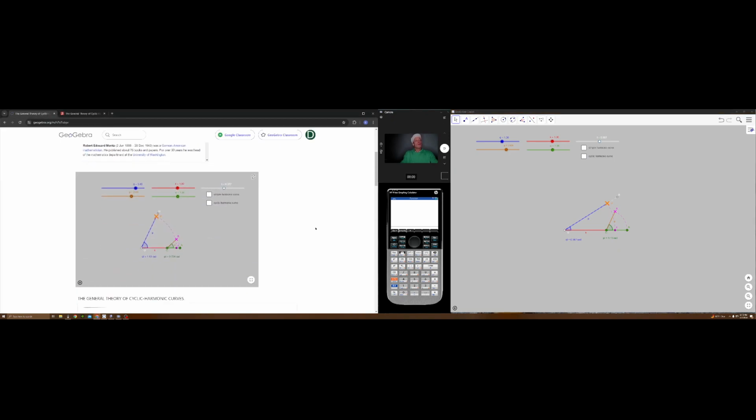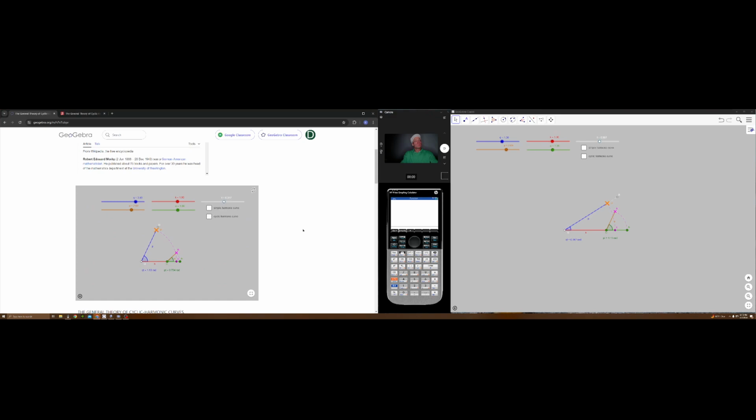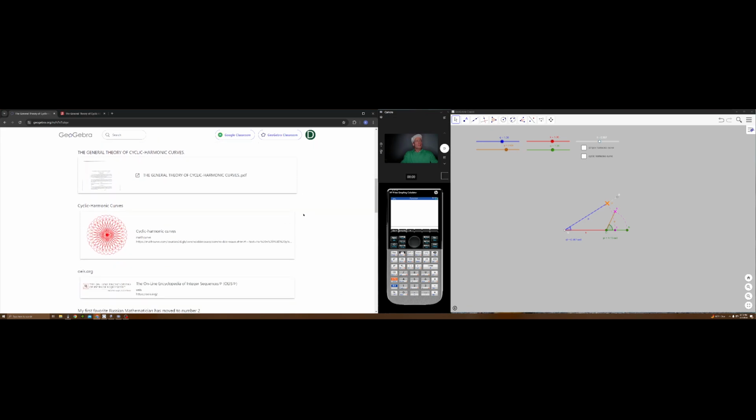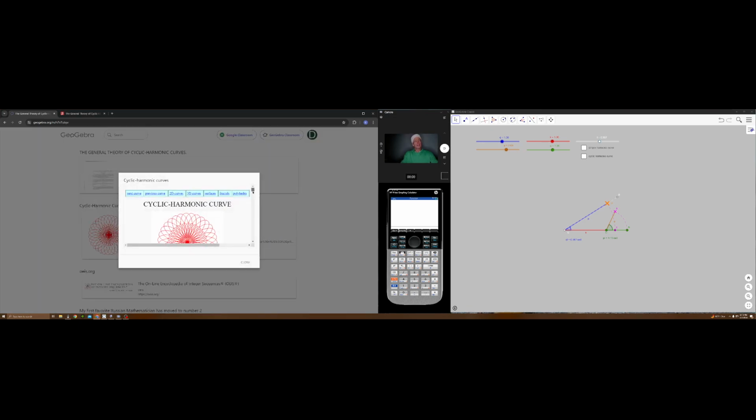There's also this applet here: T for time, Q, P. So many options, okay? And they will create this curve. What is that curve? They are the cyclic harmonic curves.